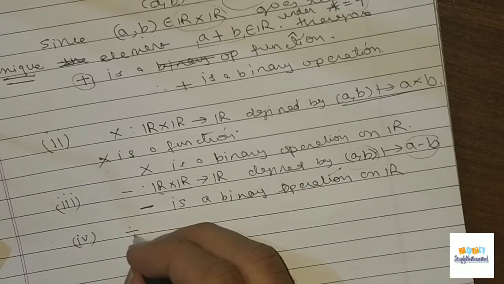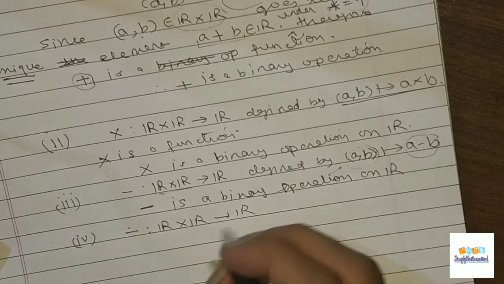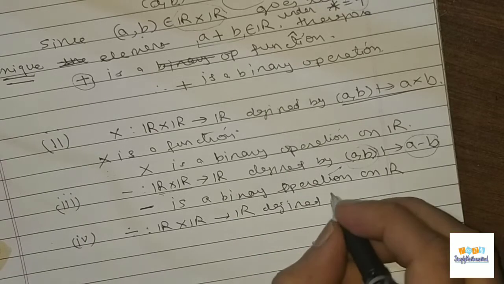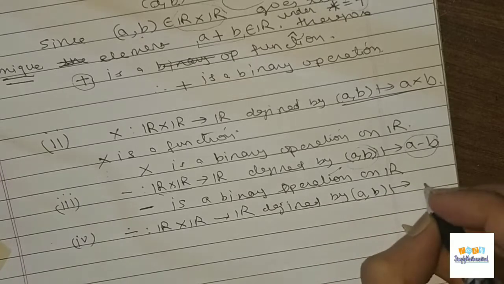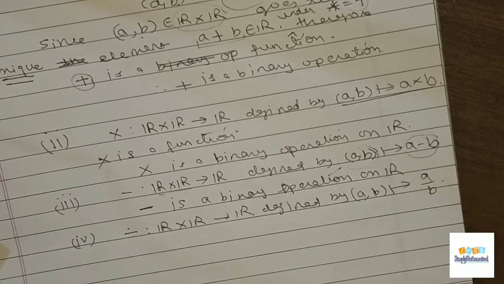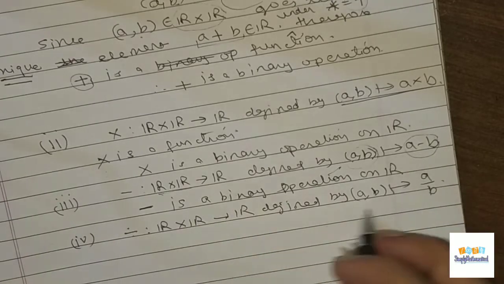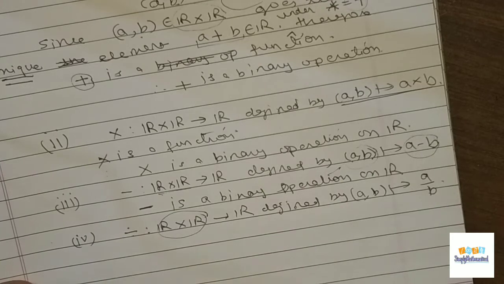Now let us look at another example, which is nothing but division from R cross R to R, defined by (a, b) goes to a divided by b. Now here you can see that this will not be a function on this set R cross R. Why?